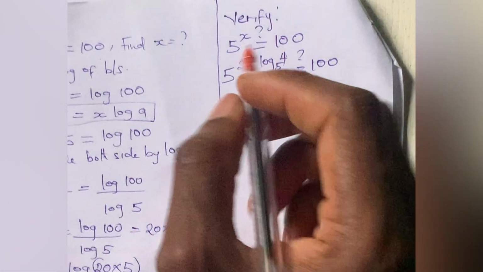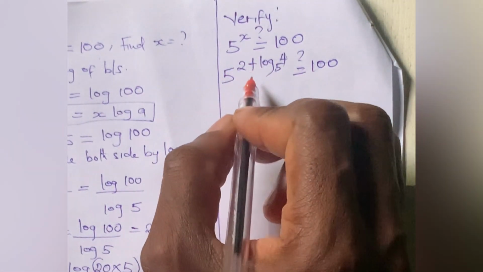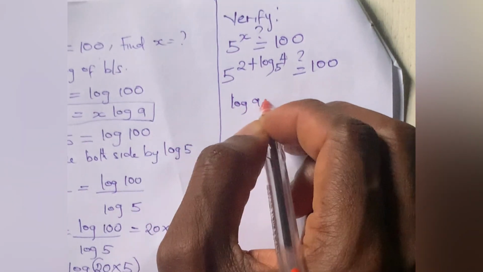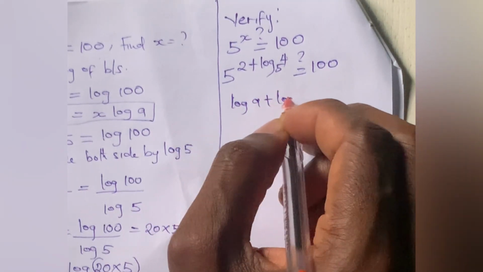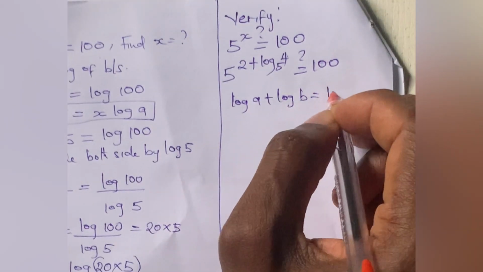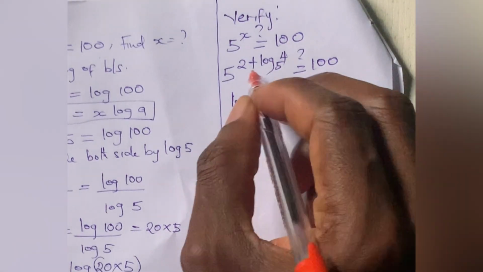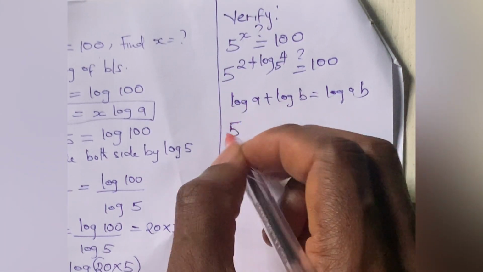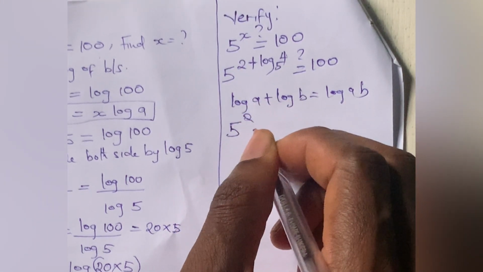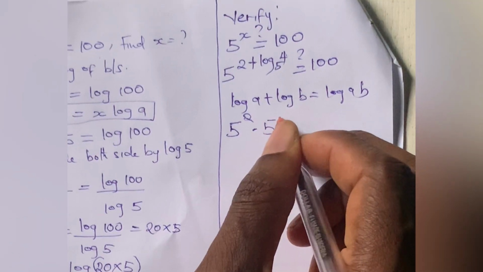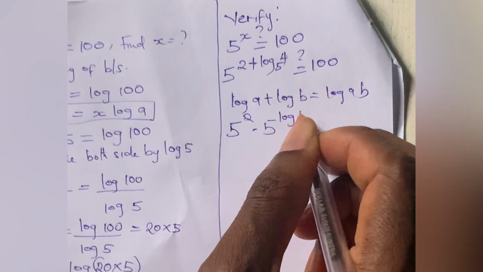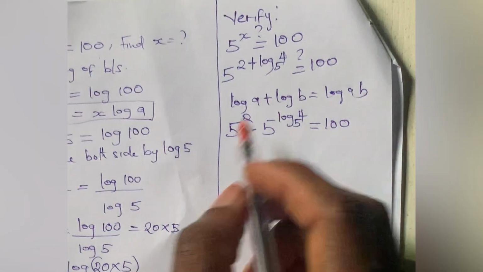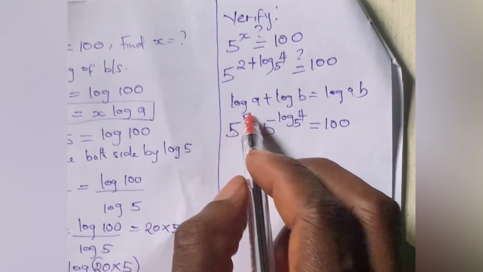So let's continue. We know that when you have a plus in the exponent, it becomes a multiplication. So we have 5 to the power of 2 multiplied by 5 to the power of log 4 base 5 is equal to 100. Okay, 5 squared is 5 times 5.